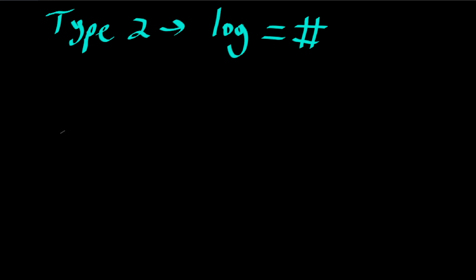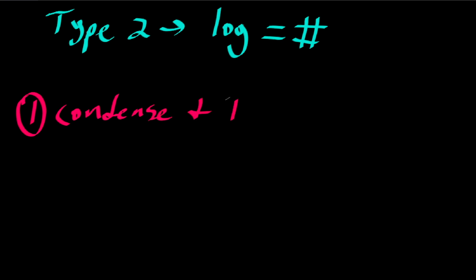So let's go over the steps for type 2. The first step is to condense and isolate your logarithm. Make sure we condense our log and have the logarithm on one side.